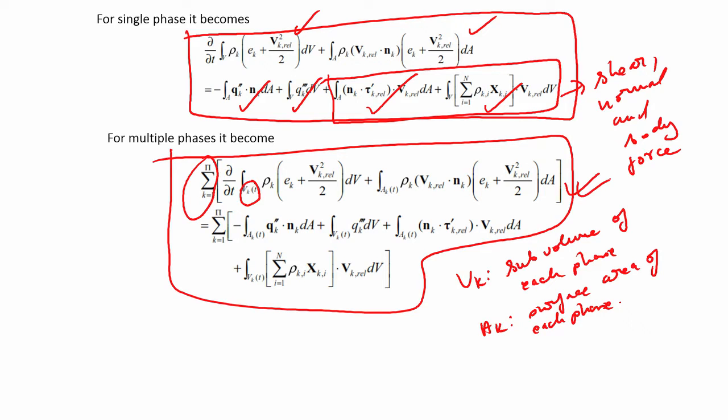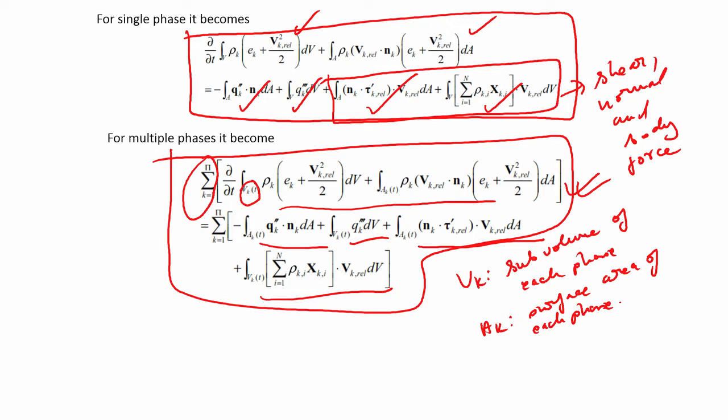So, the energy equation, as you already knew from your undergraduate, consists of the advection term, the conduction term, the heat generation term, the work that is done due to the shear stress and the normal stress, and the work that is done by the body force. So, that is basically nothing but your energy equation.